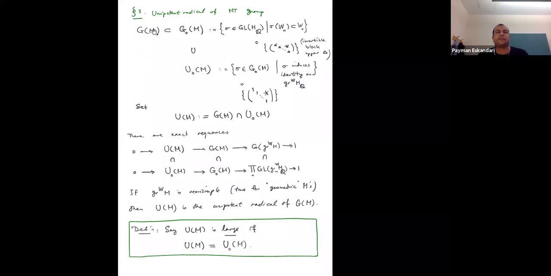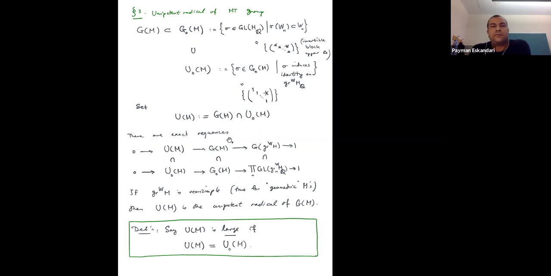Now we take the intersection of G_M with U naught, and we denote that by U of M. This talk is about U of M. So let's remember the definition: it's the intersection of the Mumford-Tate group with these elements of GL.